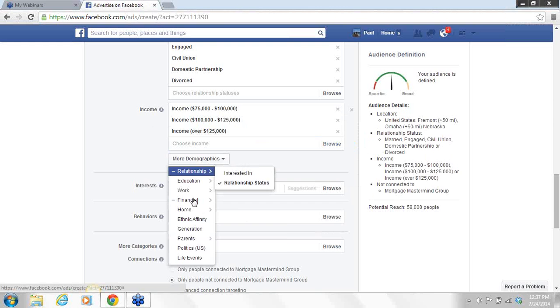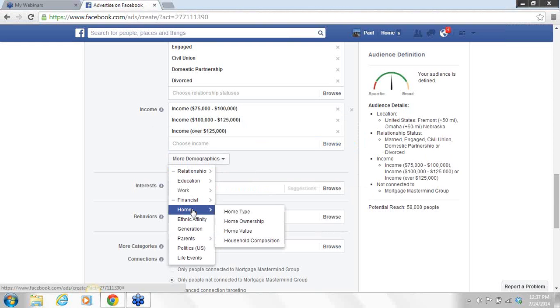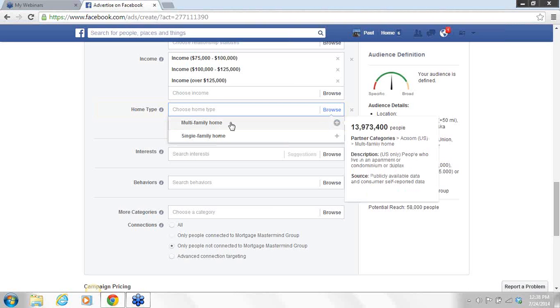The next one is probably my favorite, and that's home. So home, you've got home type, which by itself, they live in a multi-family home or a single-family home. If I'm targeting renters, first-time home buyers, I'm targeting people that live in a multi-family home. Absolutely.